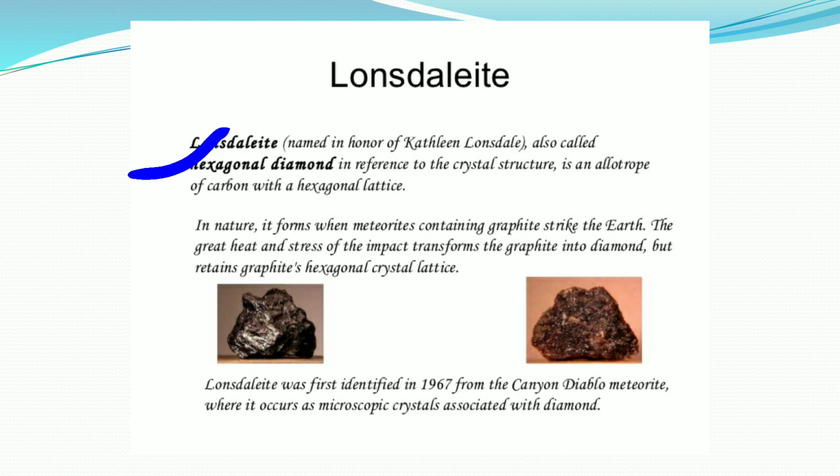In nature, it forms when meteorites containing graphite strike the earth. The great heat and stress of the impact transform the graphite into a diamond, but retain graphite's hexagonal crystal lattice.